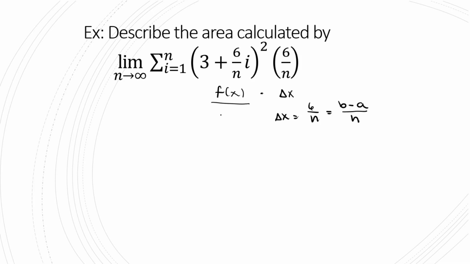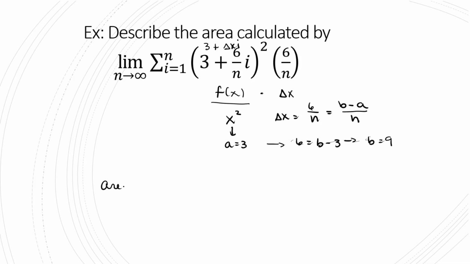I can say that it is x squared, and this would give me an a value of 3, because this would be 3 plus delta x i. Now, if a is 3, then I have 6 has to equal b minus 3, and b would be 9.